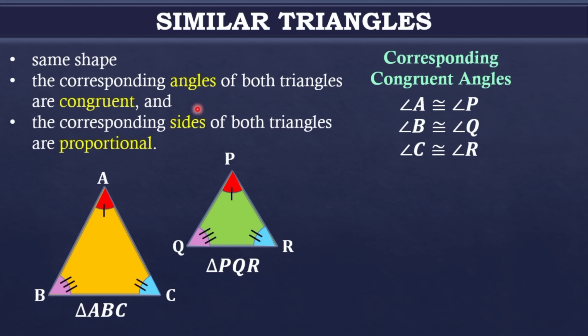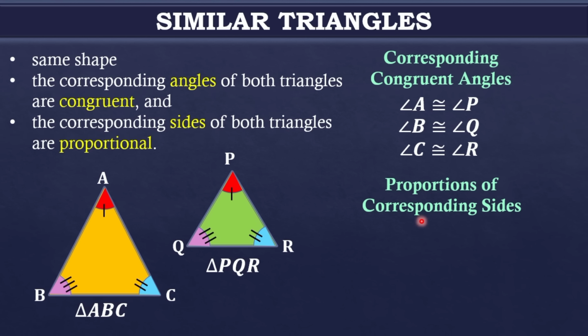Now, when it comes to their sides, hindi po congruent ang sides ng ating similar triangles. They are what? Proportional. Okay, so let us list all the proportions of corresponding sides. So, take note ha, it must be corresponding. Okay, baka kasi yung side AB mo, ito po ang gamitin mong corresponding side niya. Hindi po.